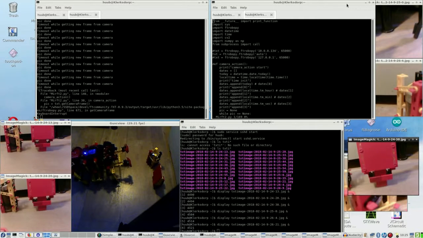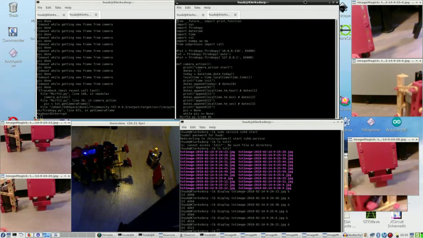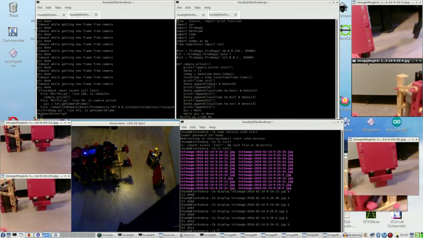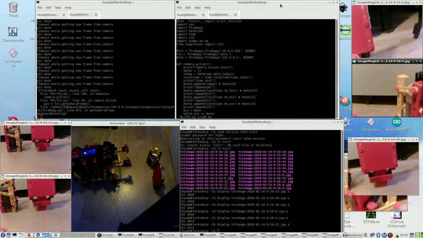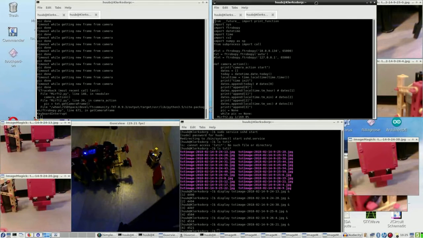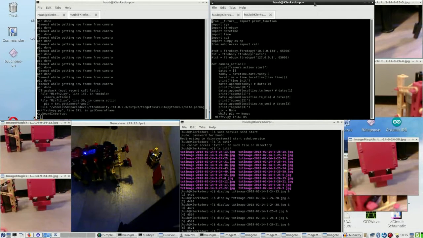What I can do is see for some more images, and they are all valid, by the way, as you can see.